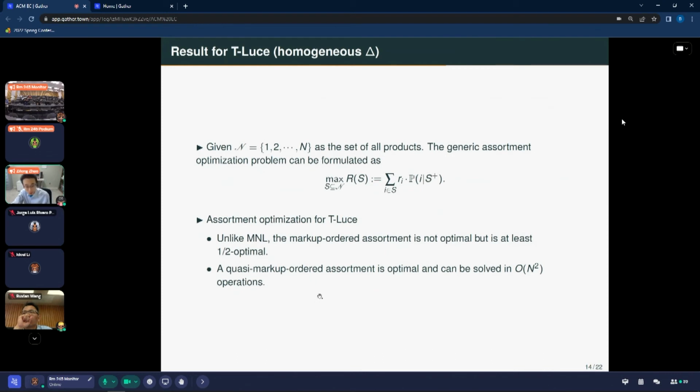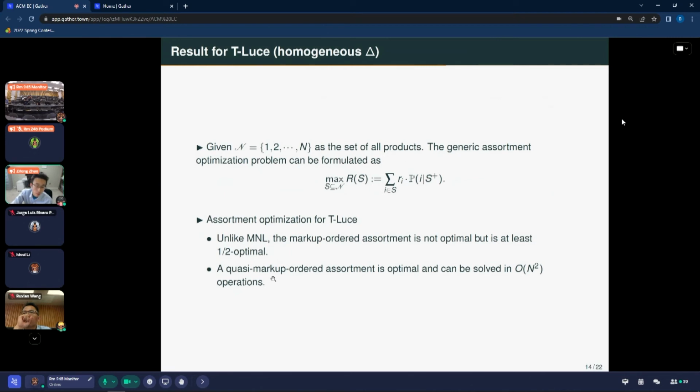We first look at the assortment optimization for the T-loose model. Unlike the MNL, we show that the Markov order assortment is not optimal anymore, but we can provide a tight performance bound, which is 1 over 2.